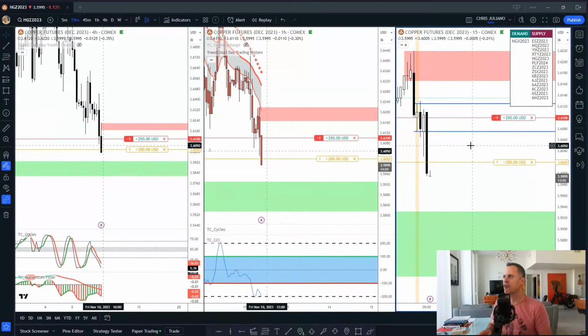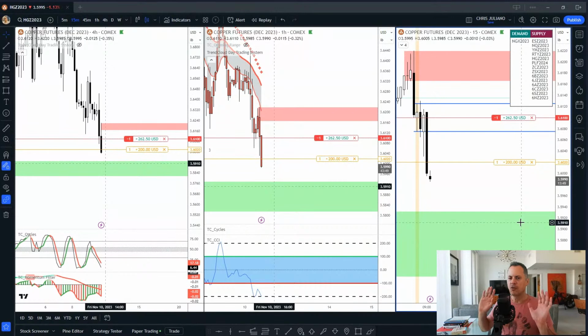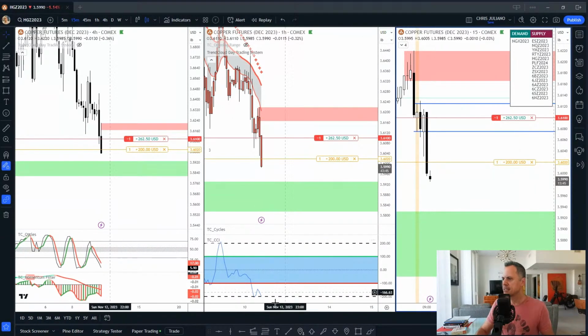Must. So if this continues down, great. Then drag this down to the 3 to 1. Then drag it down to 4 to 1. You have to take the 2 to 1 because in my back testing, okay, let me pull up the data.